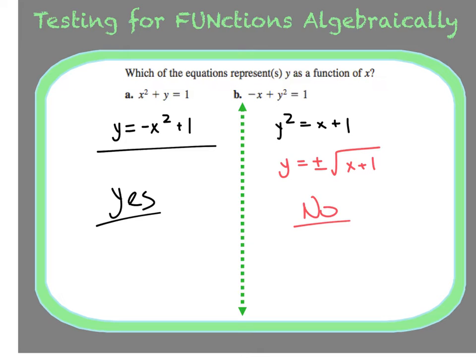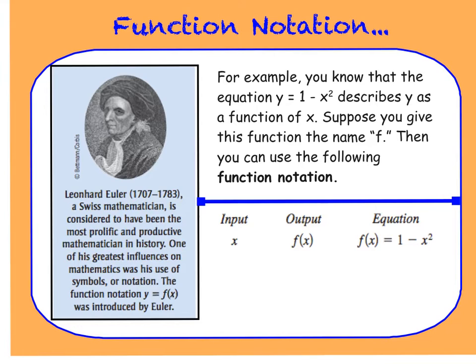It will not pass the vertical line test if y is an even power. So if I had a power of 4, 6, 8 for y, would it be a function? But could I have that for a function if it's an x squared or an x to the 8th or something like that? Would that still be a function? Sure would.